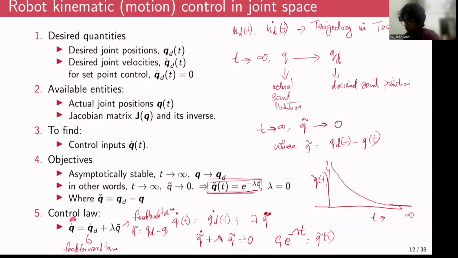So the control input would essentially be a sum of a feed forward term, which is the desired velocity, added with the feedback term, which is a proportional gain multiplied by the difference between the desired position and the actual position. So, in terms of closed loop kinematic control, this is how our control input would look. q dot would be q desired dot plus lambda multiplied by q tilde.